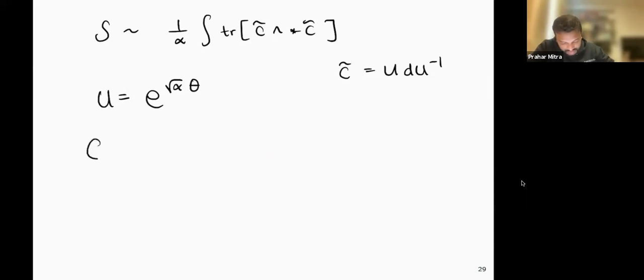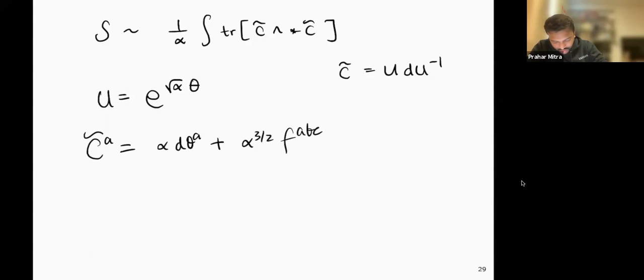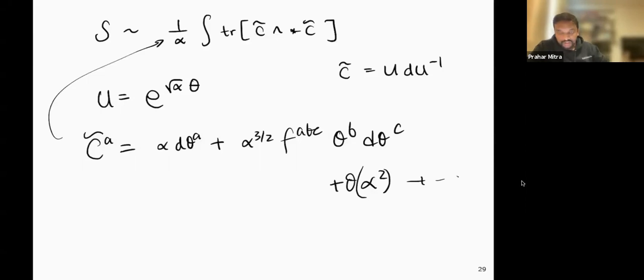In which case we find that C tilde, if I plug in all of this, is precisely equal to square root of alpha d theta, with a Lie algebra group index, then there's an alpha to the 3/2 f^{ABC} theta^B d theta^C, plus there's an alpha squared term, and so on and so forth. And now I plug this back into my action. When I want to compute actual quantities in an effective expansion in alpha, the action contains lots of terms.